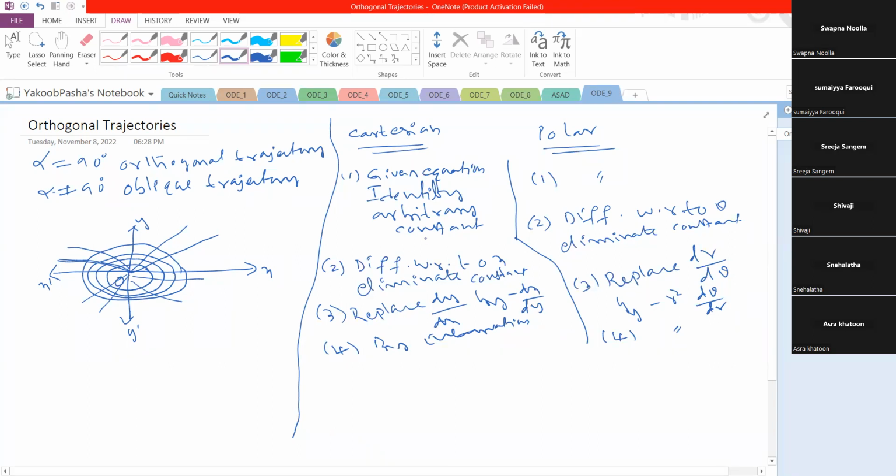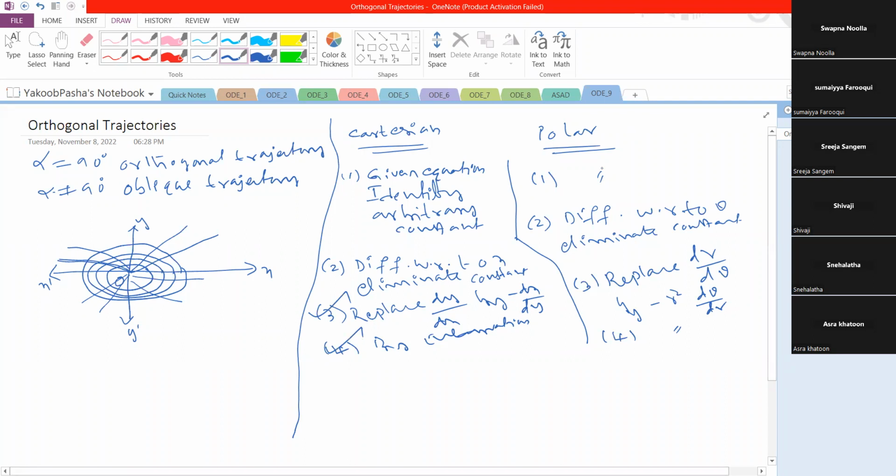Once again, in Cartesian coordinates, we take the given equation and identify the arbitrary constant. In step 2, we differentiate the given equation with respect to x and eliminate the arbitrary constant. After eliminating it, replace dy by dx with minus dx by dy, then integrate to get the required orthogonal trajectories of the family of curves.